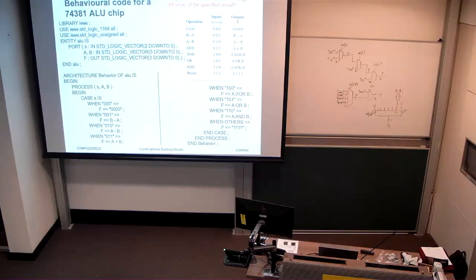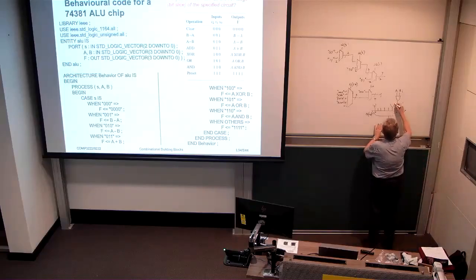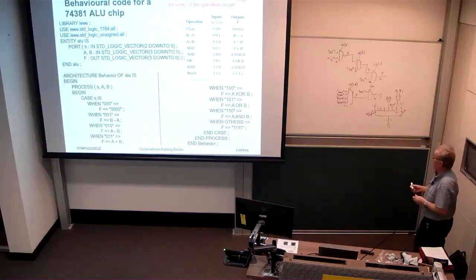And the 4th? Okay, so here we're going to have an OR gate. Here we're going to have an exclusive OR gate, right? With AI and BI as the 2 inputs.